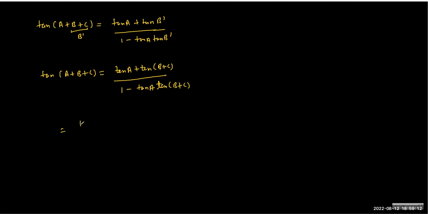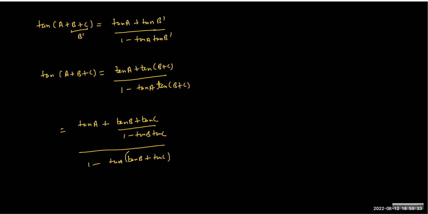And then you will further manipulate: tan A, tan B plus tan C over 1 minus tan B tan C, all divided by 1 minus tan A, then tan B plus tan C over 1 minus tan B tan C. And then you have to simplify further.